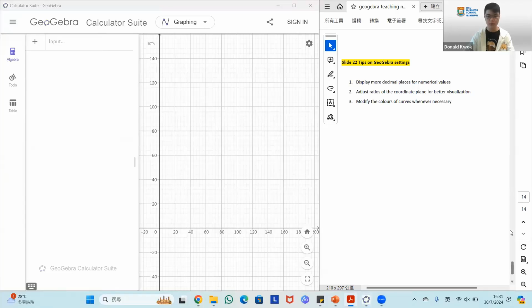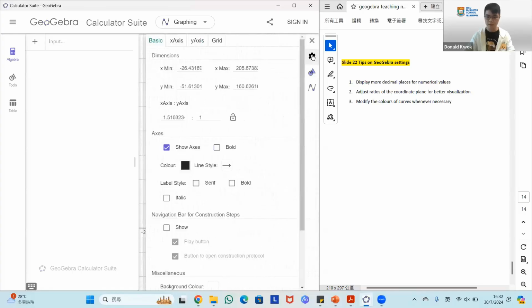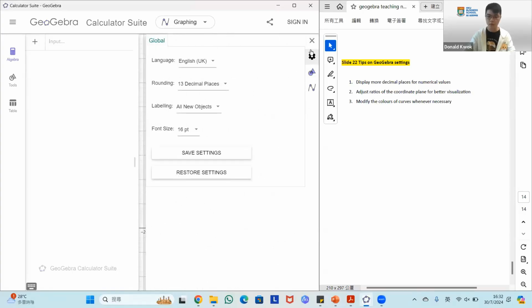As the final note in this GeoGebra workshop, I wish to conclude by giving some tips regarding some basic settings. First, you're recommended to change the settings in GeoGebra so that more decimal places are displayed. The change of decimal places can be done by clicking the setting icon right here, and then settings again. Finally, the second icon for global.